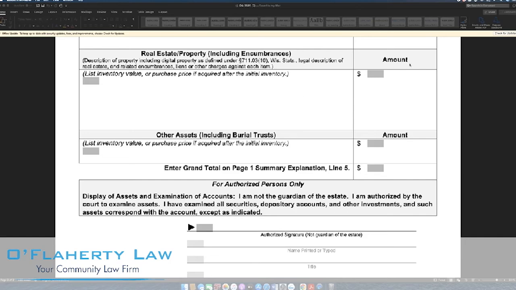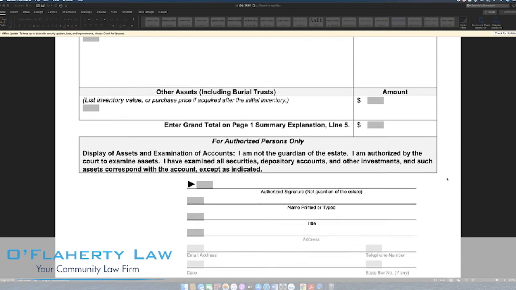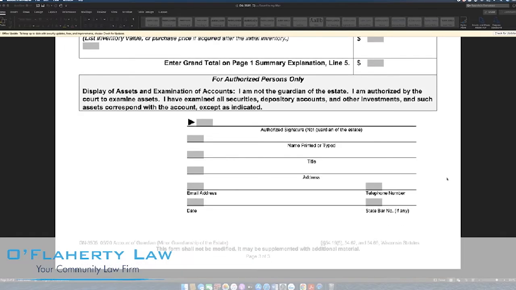So once you have all those totals, you just add them up on this side here. So this is an authorized signature block, and it says not guardian of the estate. Sometimes when an estate is very large or complex, a third party gets hired to examine the status of everything. So here is a space where if the person is authorized to perform such a duty, display of assets and examination of accounts.